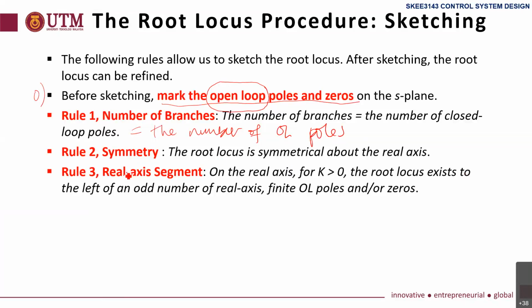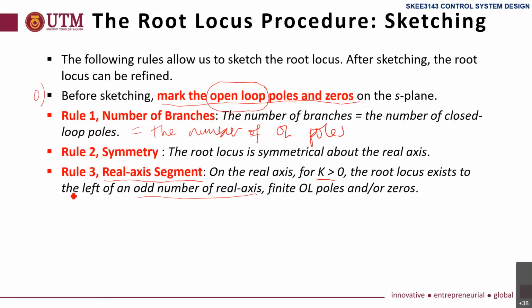Rule number 3 refers to real axis segment. Real axis means x axis. On the real axis, for k greater than 0, the root locus exists to the left of an odd number of real axis, finite open loop poles and zeros.